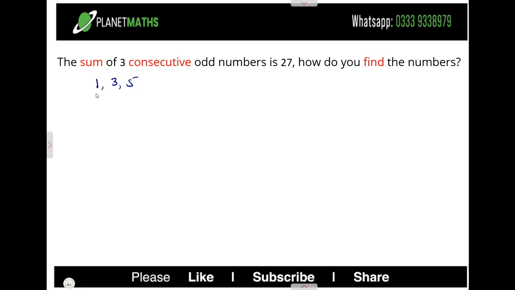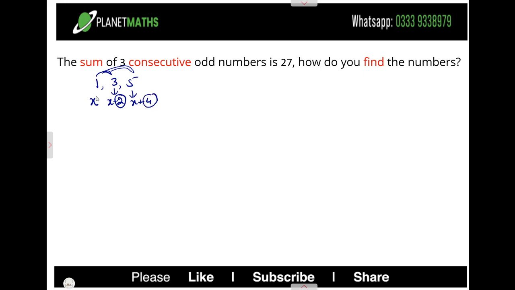Let's say we denote the first one by x. So we can write 3 in terms of x as x plus 2, and we can write 5 as x plus 4. The difference between these two is 2, and the difference between 1 and 5 is 4.